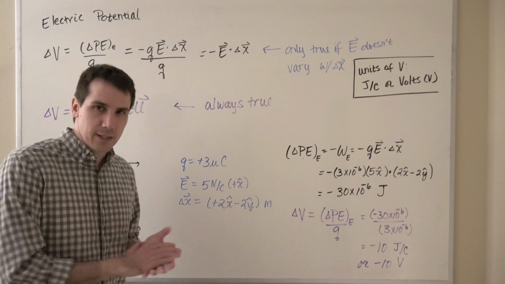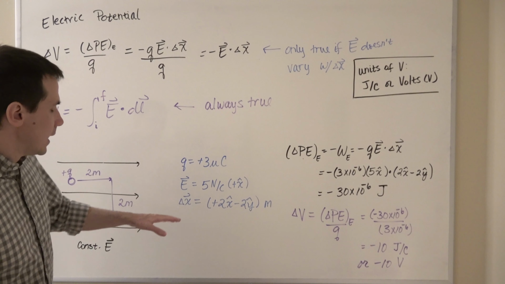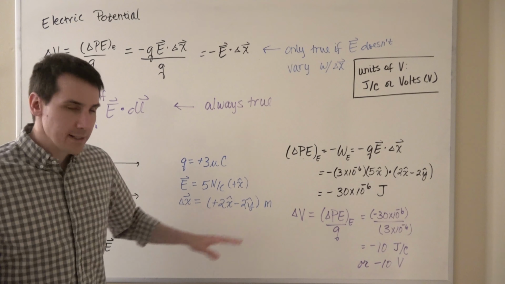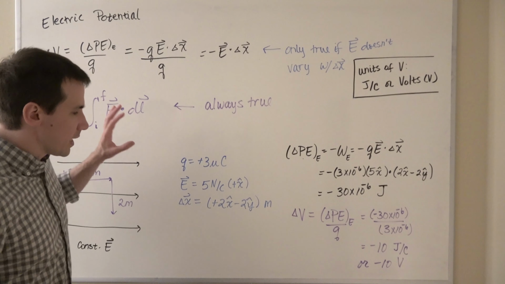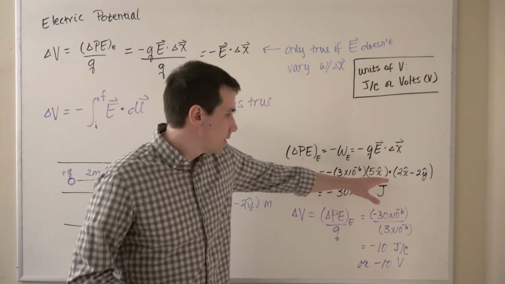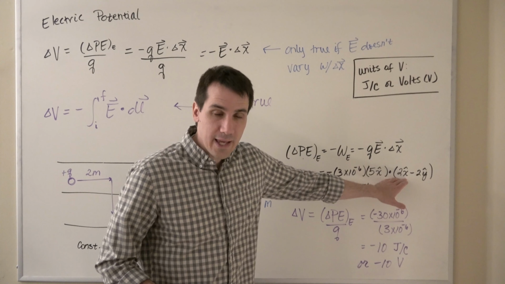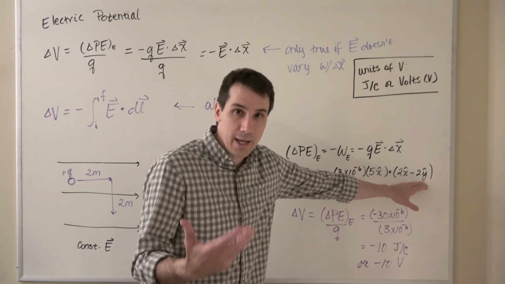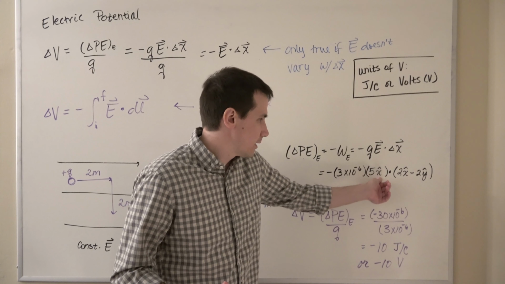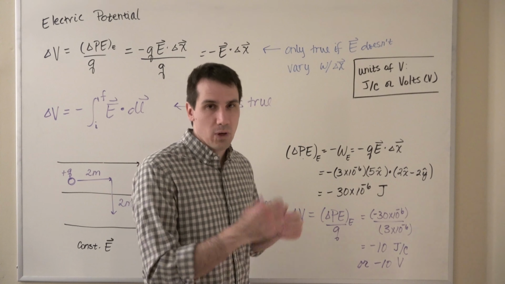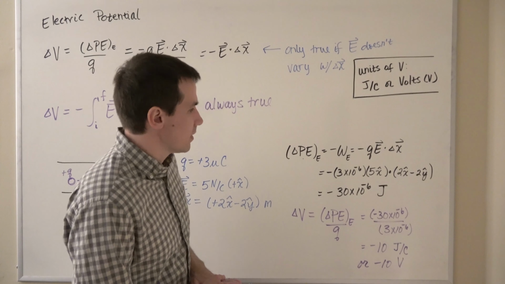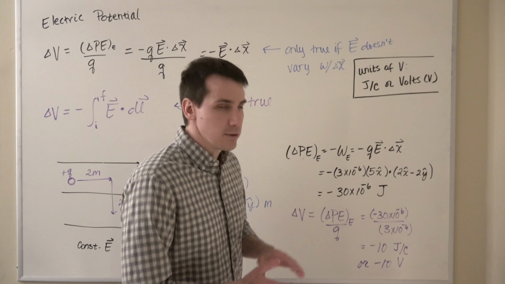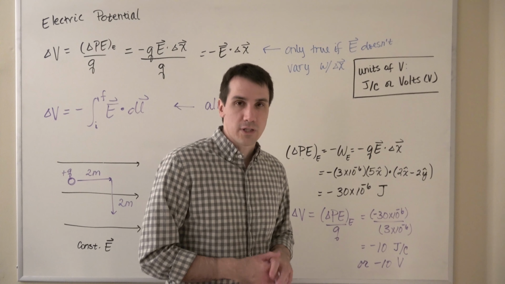That's just a random value for the electric field that I chose. There is the displacement vector, which has an x hat and a y hat component. When I dot them together, I pick out only the x hat component because the y component of my electric field is 0, so that goes away. And I end up with this value for my change in potential energy of that charge.